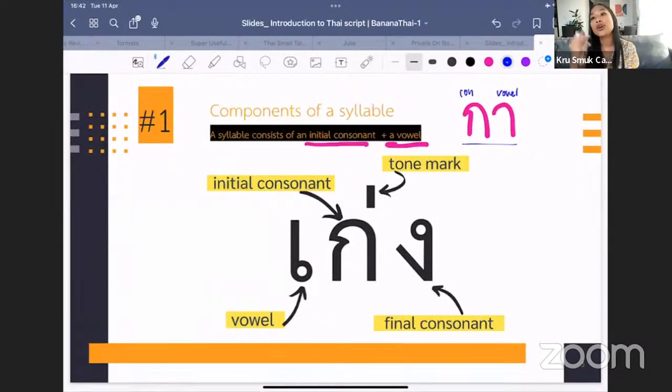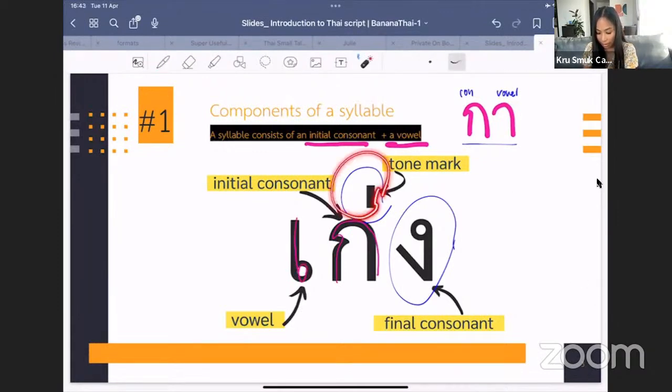However, there are also other components in a syllable, such as the final consonant or ending consonant and the tone mark. Again, this is the must: beginning consonant or initial consonant and vowel. And then again, here in blue, you see the tone mark and the final consonant.